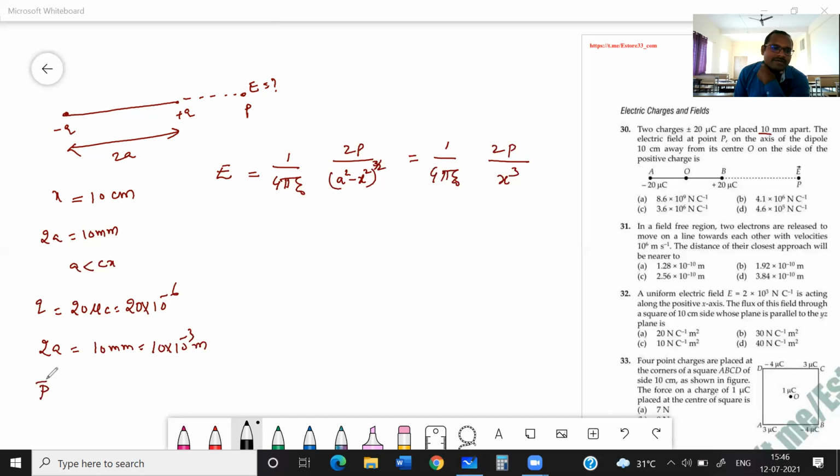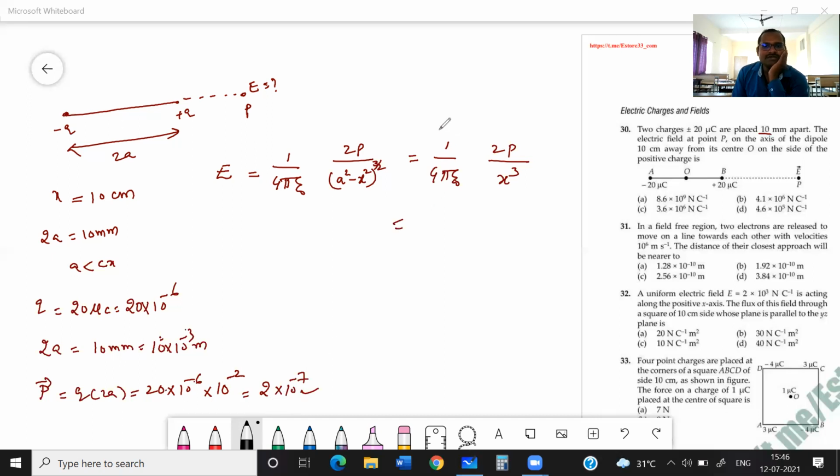Now dipole moment can be written as q into 2a, as you know. So q value 20 into 10 to the power of minus 6 into 10 to the power of minus 2. It is equal to 2 into 10 to the power of minus 7. I hope you are understanding. 10 to the power of minus 8, the 1 and 0 cancel. You will get 2 into 10 to the power of minus 7.